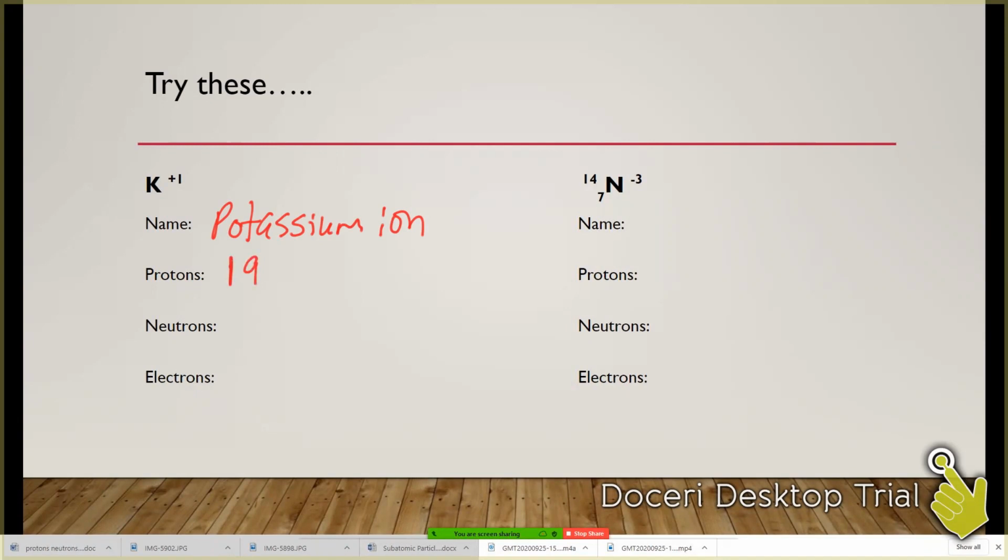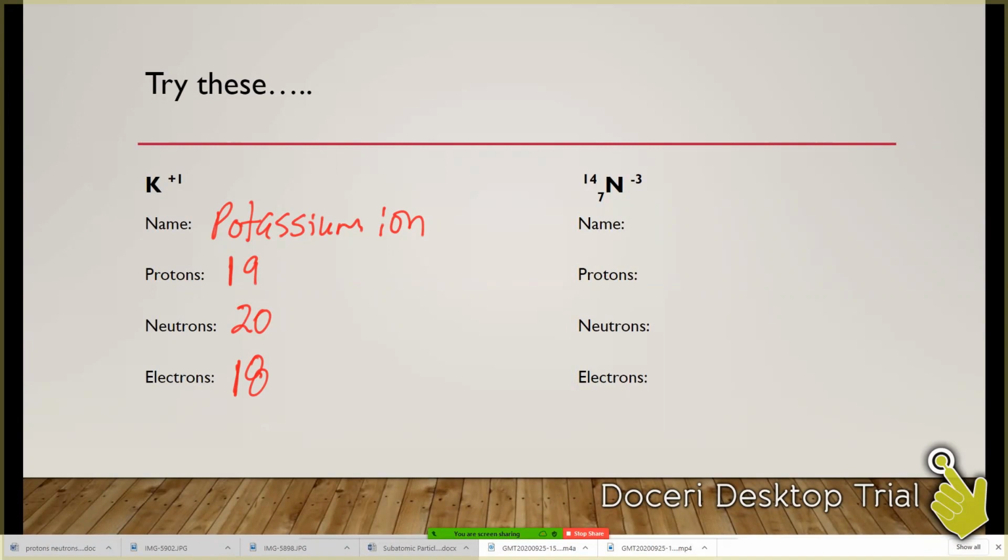Its mass number is 39, so I would have 20 neutrons. What has changed is electrons, because it's no longer neutral. It has a +1 charge. So that means it's lost 1 electron, so it would have 18 electrons. If it loses an electron, it's lost something negative, and it would become positive.